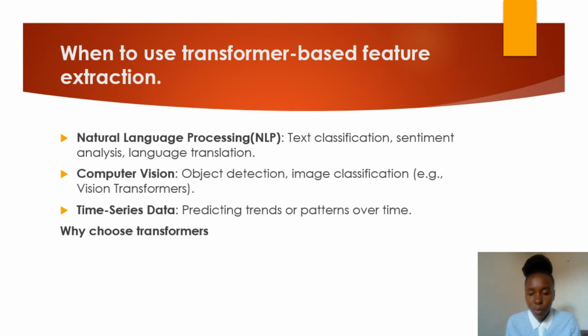Then there is also the case where you want to identify long-range relationships in data. Here again it is so important to use transformers, because a transformer will help you understand the relationships between features of an image, even if they are far apart from each other.